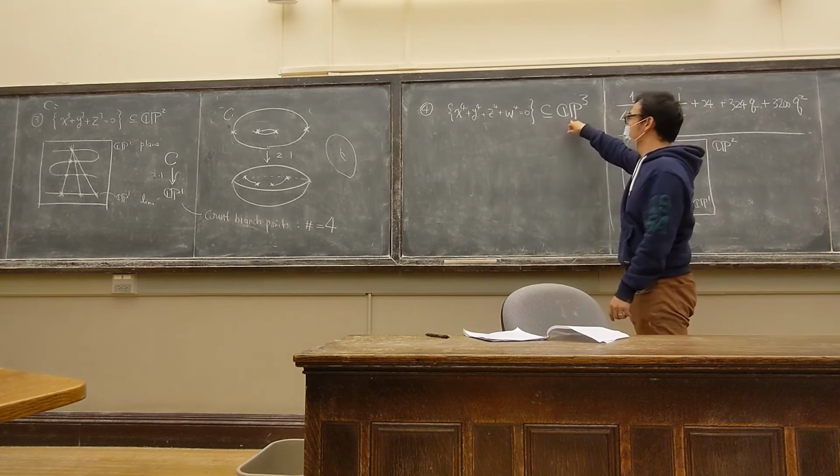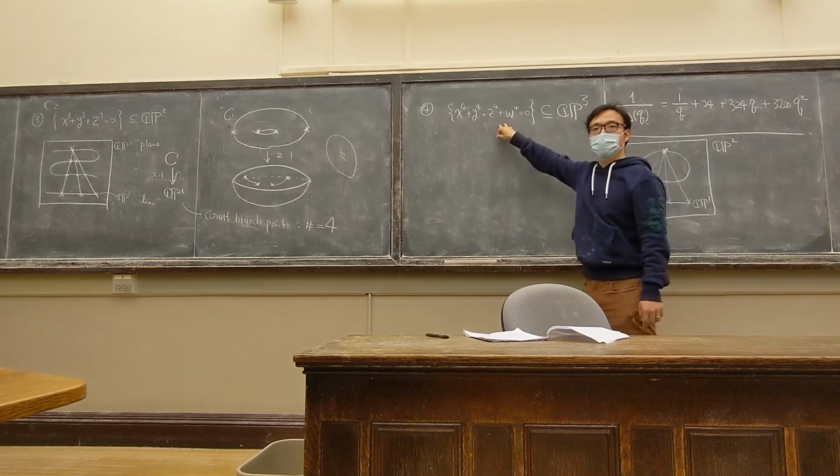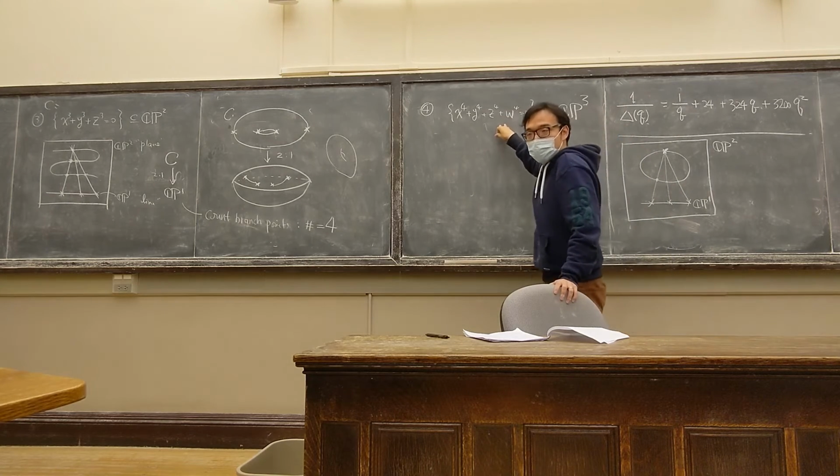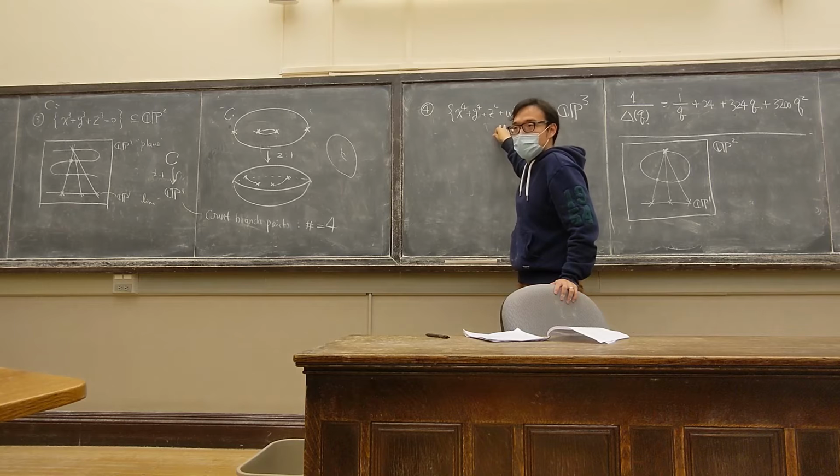So this is a three-dimensional space. You consider points which are carved out by one equation. So this is a two-dimensional thing, namely a surface. So this is a K3 surface.